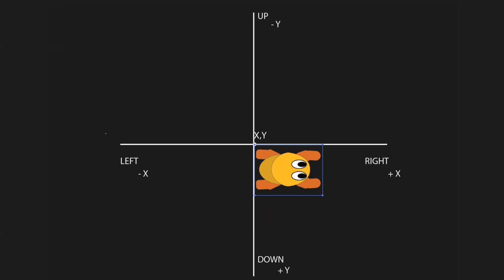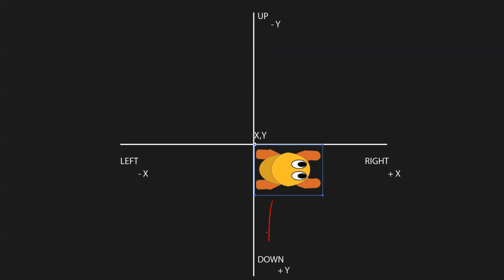So here you have the plane. If you move from the left to the right axis direction, you're moving in the X direction. So if you want to move left from where you're at right now, you need to subtract from X. By subtracting from X, you're going to make Gizmo go left. If you add to X, you're going to make Gizmo go right. If you subtract from Y, you're going to make Gizmo go up.